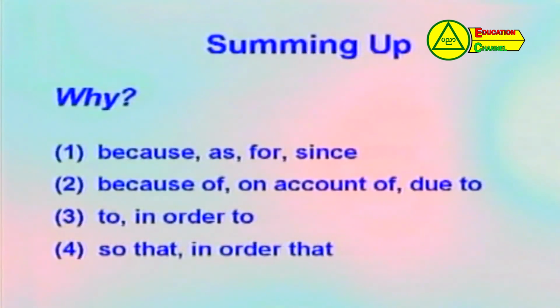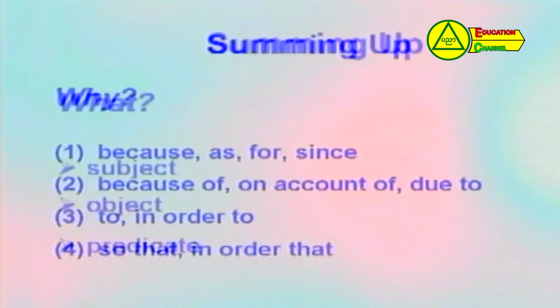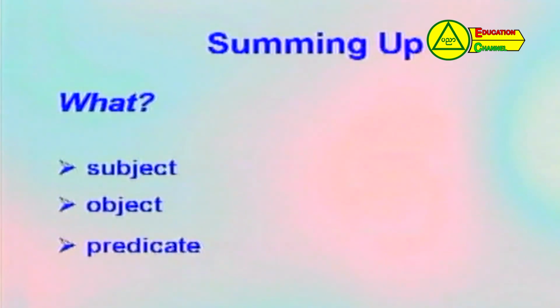To sum up, in answering the questions beginning with why, you can use 4 types of conjunctions and prepositions such as because of, to, and so that. To answer the questions beginning with what, the information being asked for can be placed in the positions of a subject, an object, or a predicate in your answer.